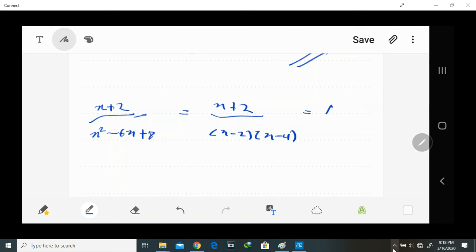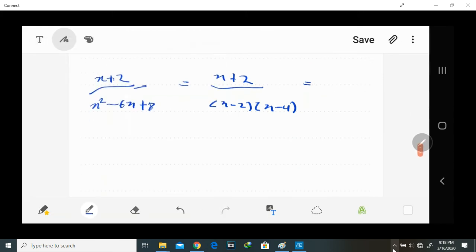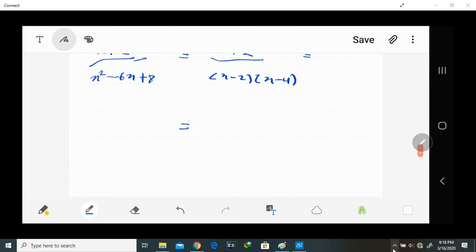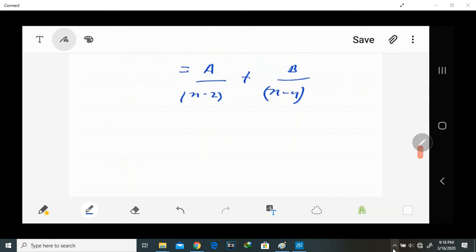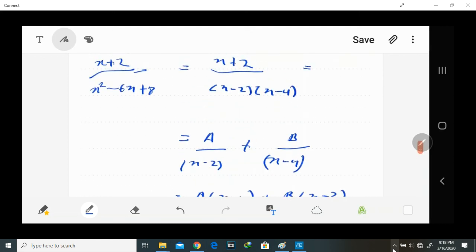And then you can write it as a over x minus 2 plus b over x minus 4. And like the previous sums, take x minus 2 and x minus 4 common, so you will end up like this.